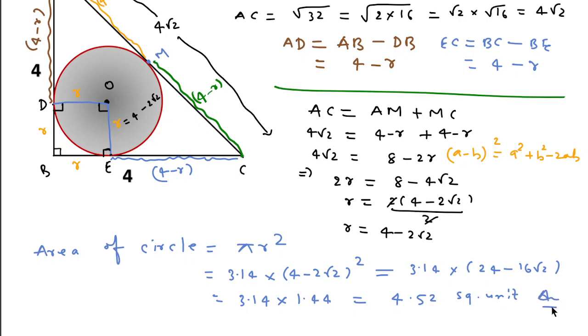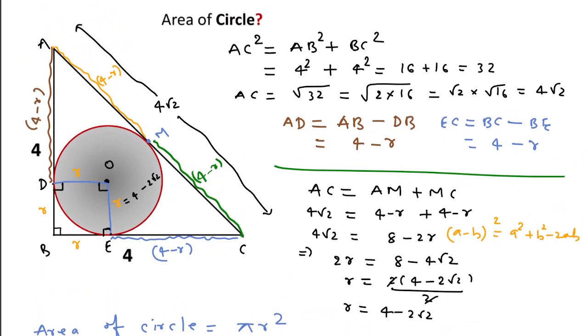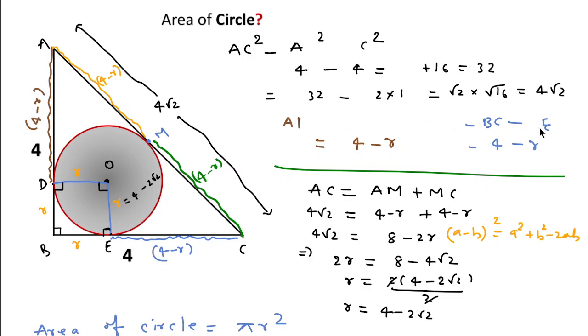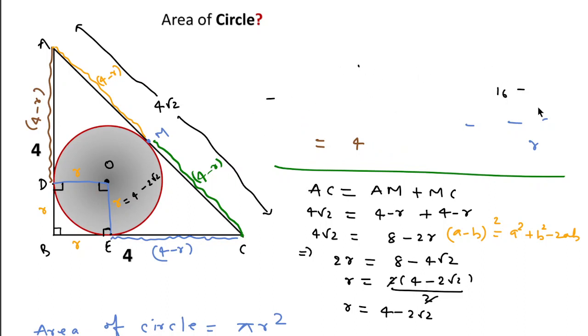So this is the required answer for this question, and I will show how we can find the radius of the circle in another way. You know, this circle is an incircle, so we have to find the inradius.